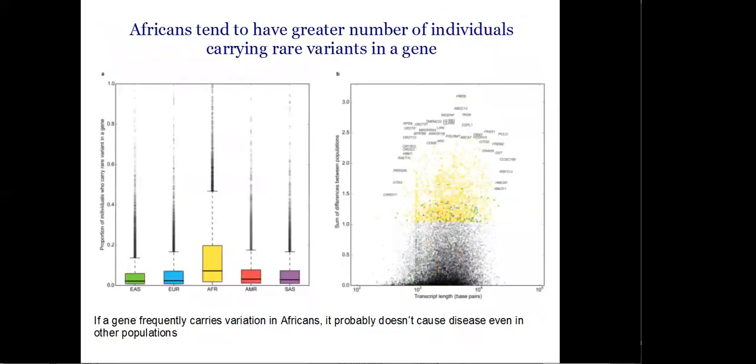So additional things you can look at, if we look at the number of individuals who carry rare variants in a gene in different subpopulations, we find that Africans tend to have higher numbers, and that's expected since Africans tend to have 3 times as many rare variants as individuals in other populations, such as Europeans and East Asians.